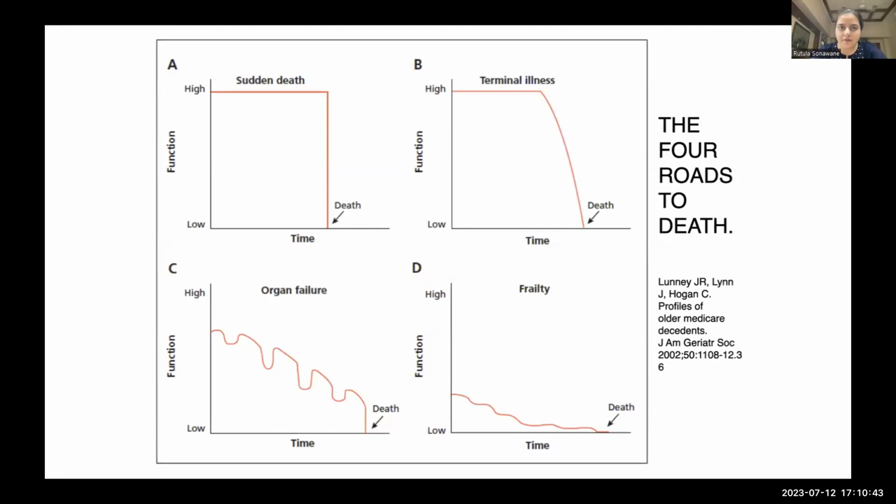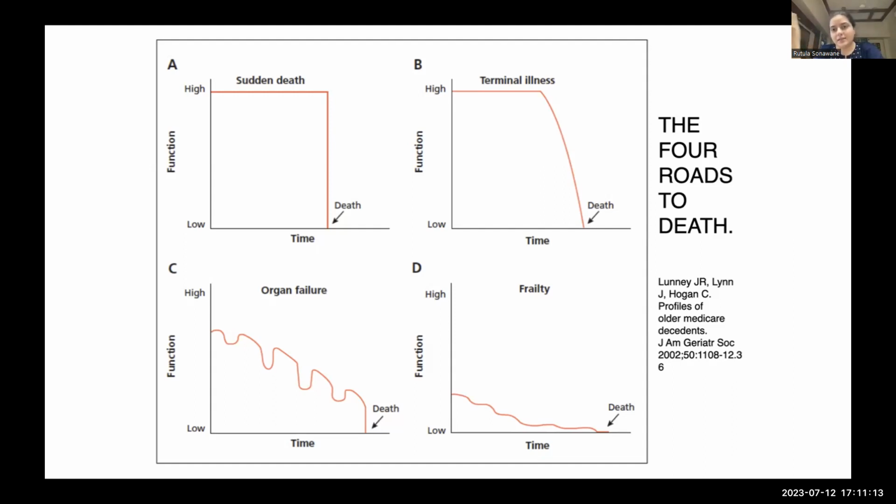Now, I'm sure you've seen these graphs. These are called the 4 roads to death. The first one is basically a sudden death, where a certain event occurs and the death occurs very suddenly. Graph B is for terminal illness, more specific for oncology, where the health is stable for a certain period of time when the disease modifying treatment is going on.